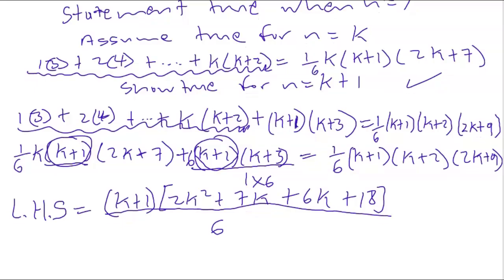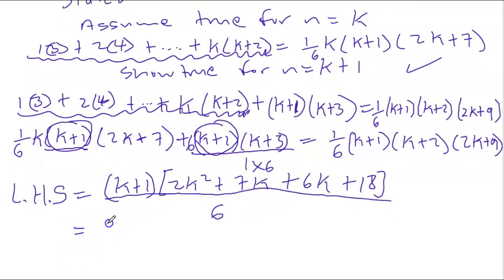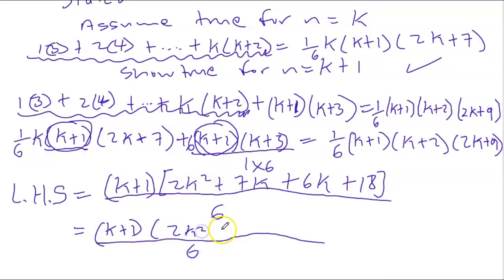So let's continue. The left hand side, so I have k plus 1 in the bracket. In the other bracket, if I group the like terms, it's all over 6. What I have here is 2k squared, 7k and 6k, that's 13k, plus 18.